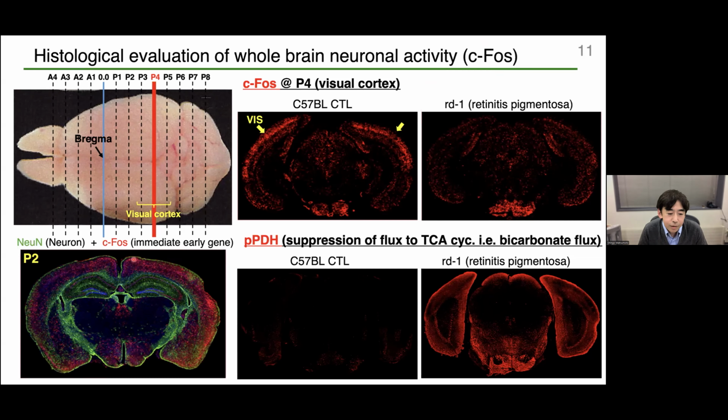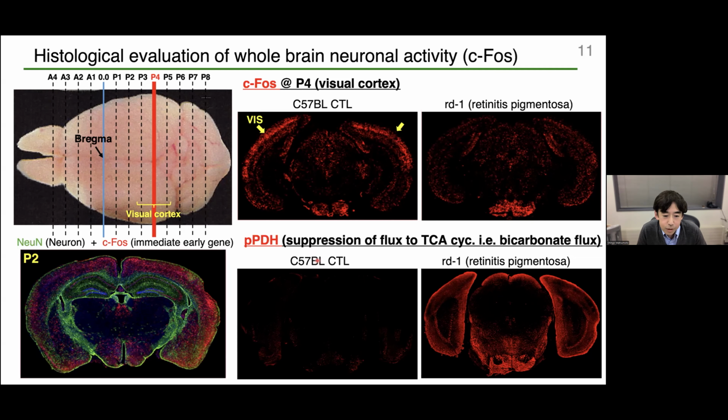So it serves as a marker of neural activity. In this P4 slice, containing the visual cortex region, you can see this red fluorescent signal in the control mouse around the visual cortex region, but it has clearly disappeared in the chronic RD1 mouse model.